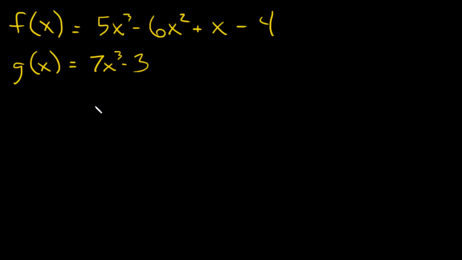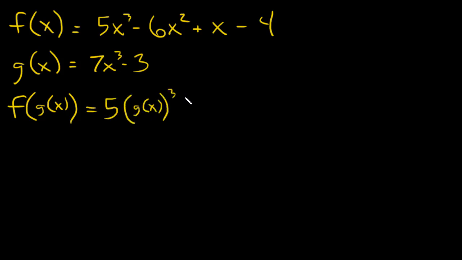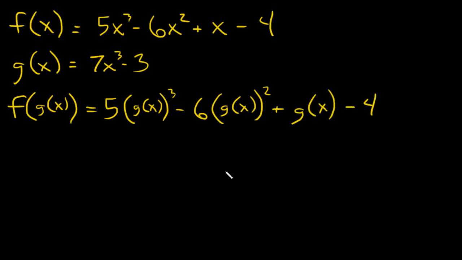Okay? So what is f of g of x? Every x gets replaced by g of x, so this becomes 5 times g of x cubed minus 6 times g of x squared plus g of x minus 4.